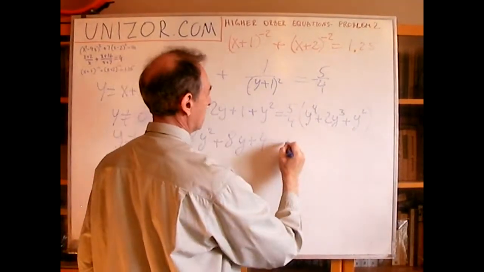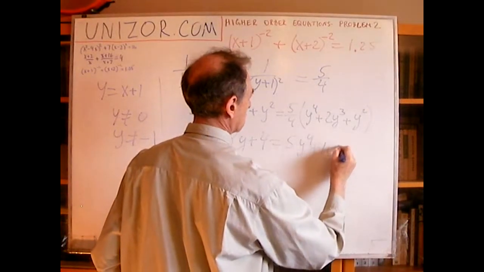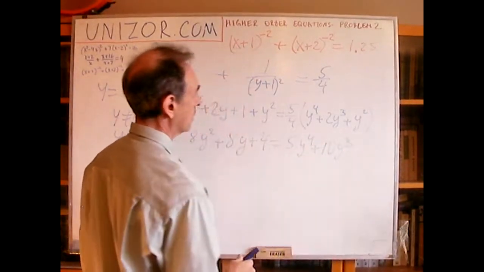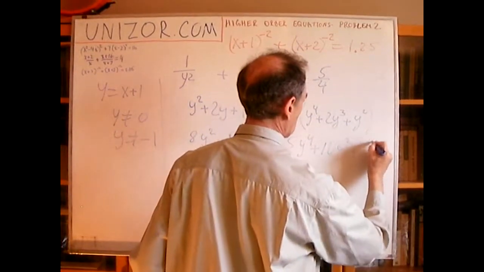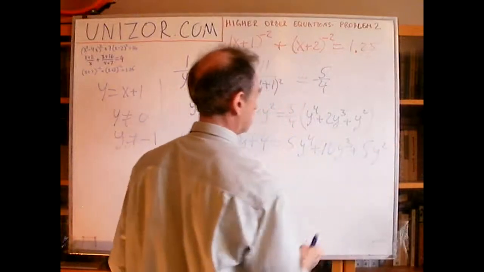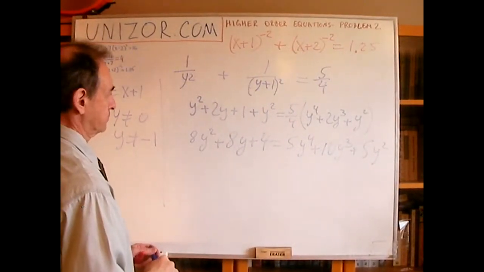On the right, I have 5y to the fourth plus 10y to the third, 5 times 2, plus 5y squared. I think that's right.